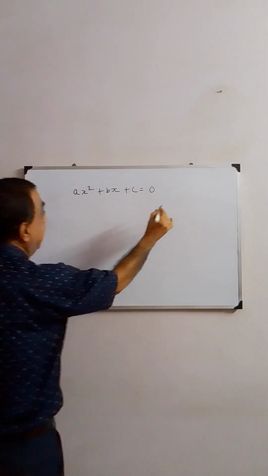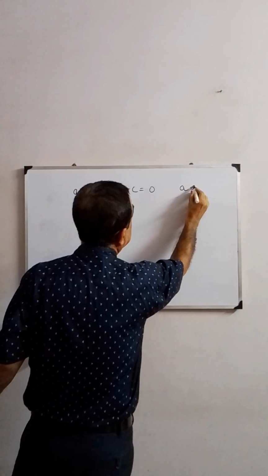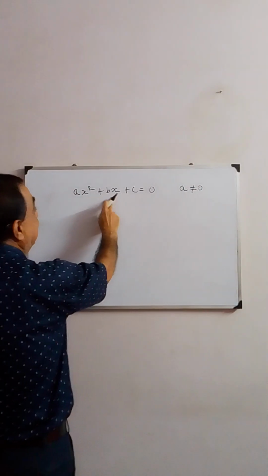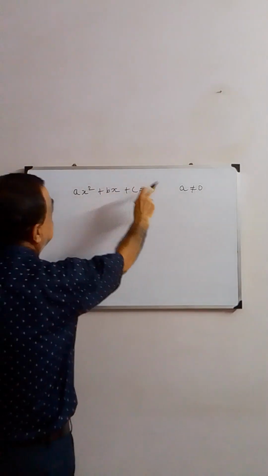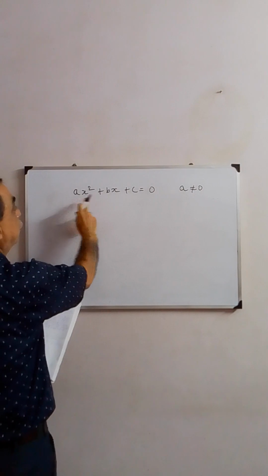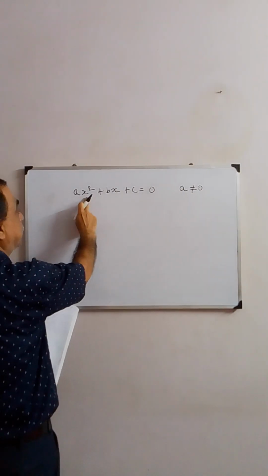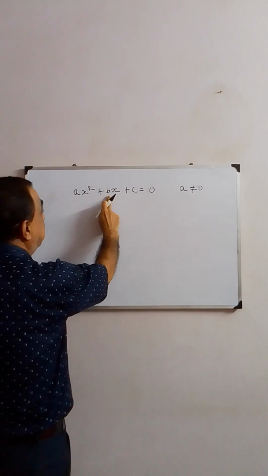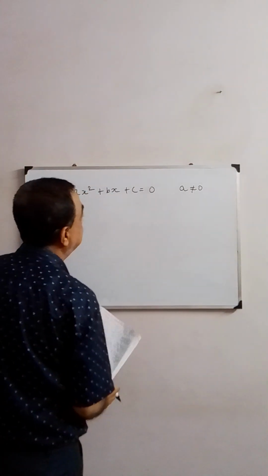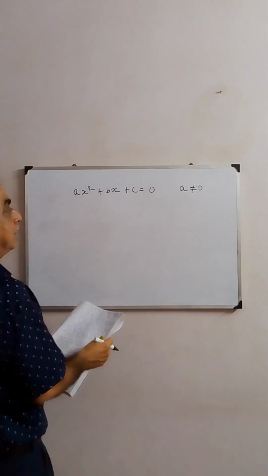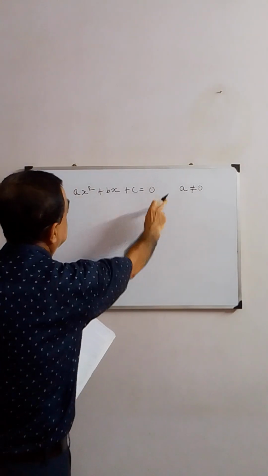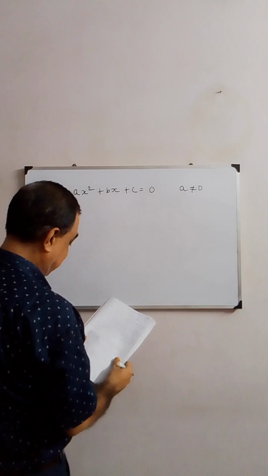Here a should not be equals to 0 and x is the variable. So this is the quadratic equation in variable x, and a should not be 0. a is the coefficient of x squared, b is the coefficient of x and c is the constant term that is free from the variable x. Okay, so this is the quadratic equation in the variable x.